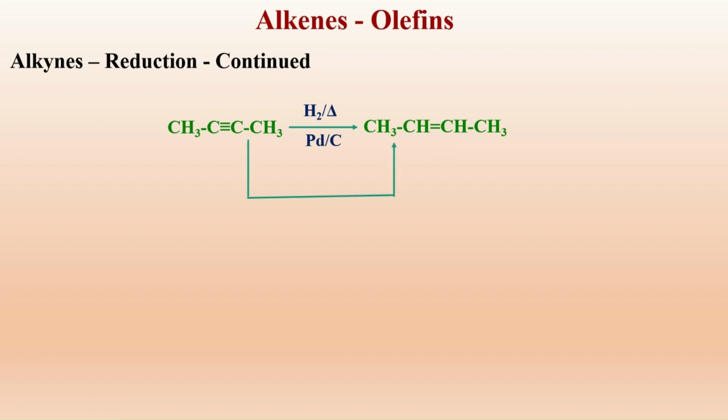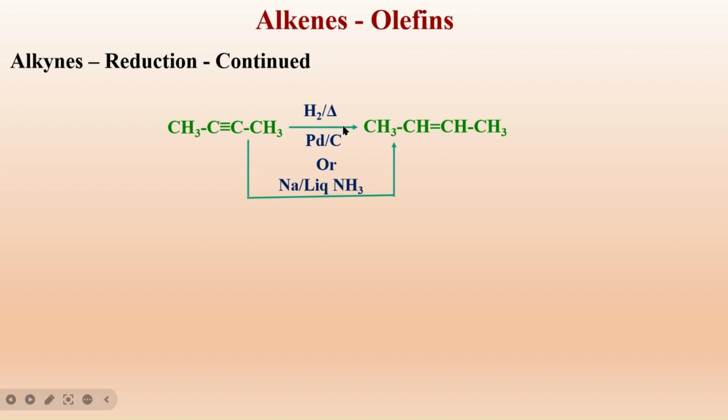Another method of preparation of alkenes from alkynes is by using a simpler reagent like sodium and liquid ammonia. It is given by Birch, that's why it is named Birch reduction. In both the methods, we can obtain the same alkene. We can use Lindlar catalyst or we can use sodium and liquid ammonia.